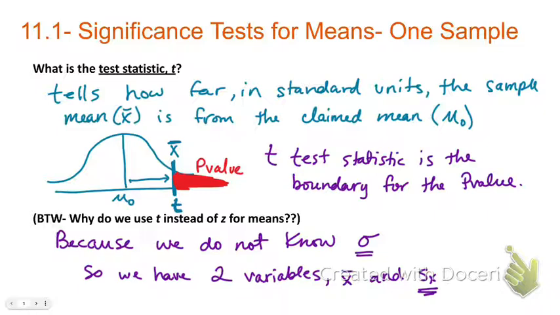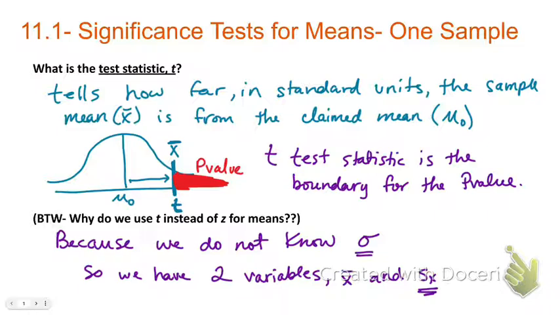That's why we use the t-test statistic, because it has more variability in it. If I knew the population standard deviation, which I wouldn't, and I'm just estimating x bar, then I could use z for means, but I don't know the population standard deviation.